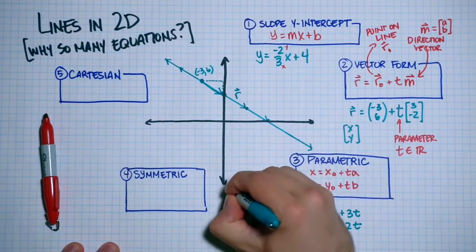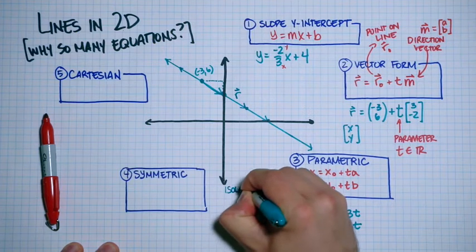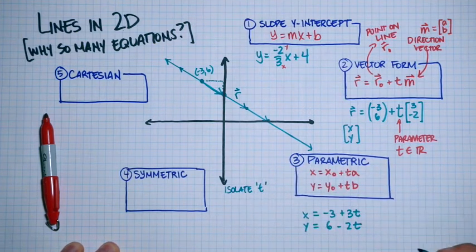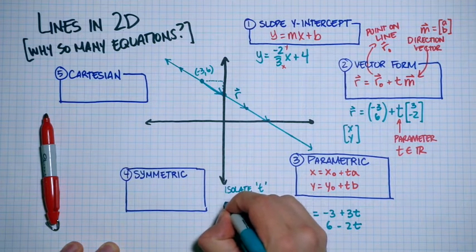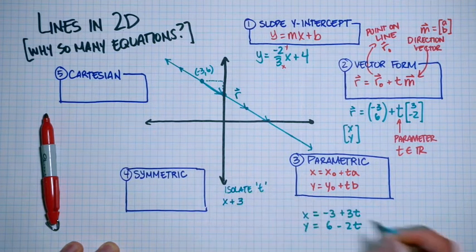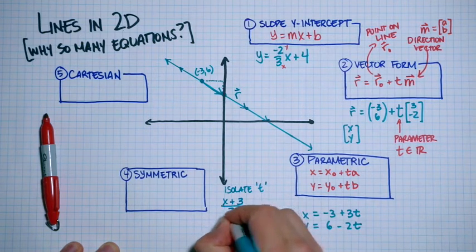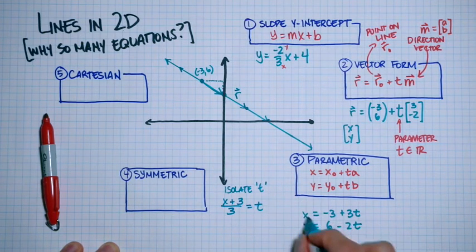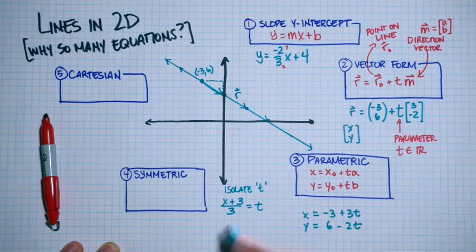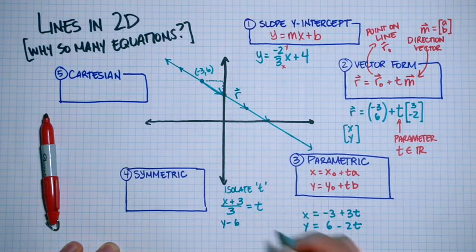I'm going to isolate t in both equations. So the first one, just looking very quickly, I can bring this to the other side and then divide by 3. So it's going to be x plus 3 over 3 is going to equal t for our first parametric equation. And our second parametric equation is going to be y, I'm going to move the 6, so it's going to be y minus 6 over -2.